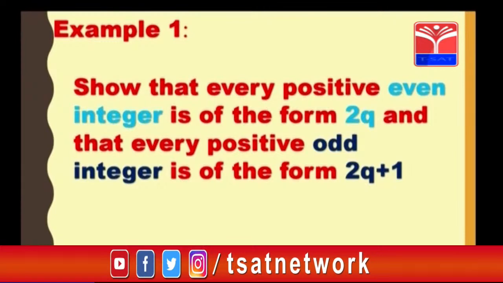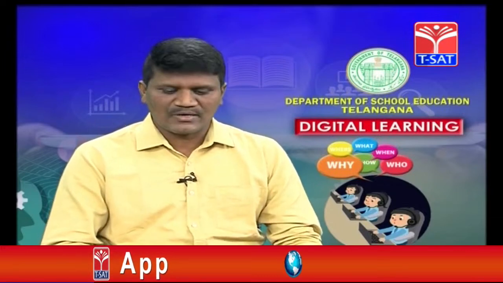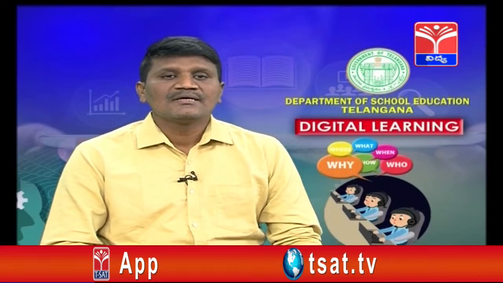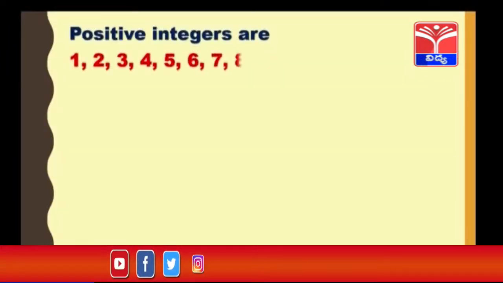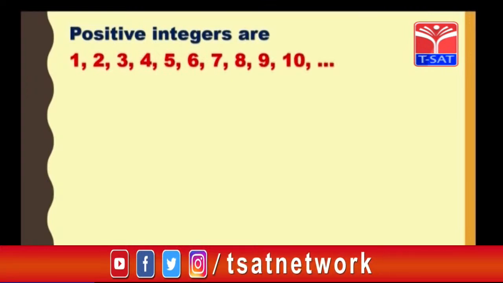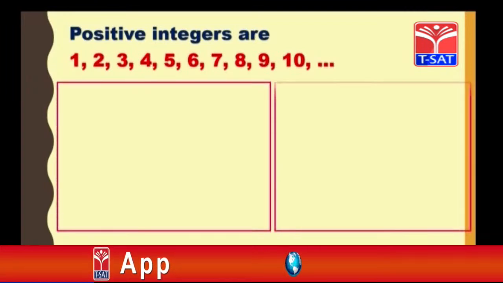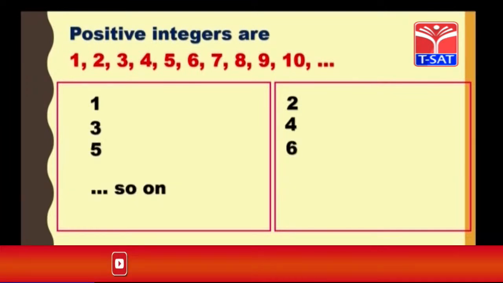First let us see the problem visually, and then solve the same problem using Euclid's division lemma. The positive integers are 1, 2, 3, 4, 5, 6, 7, 8, 9, 10 and so on.